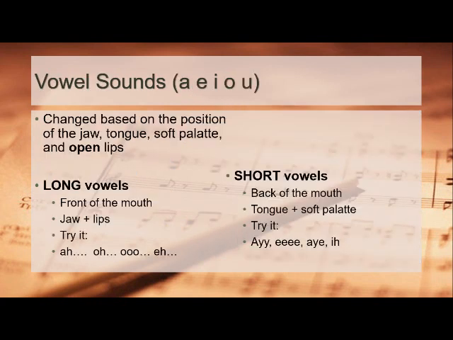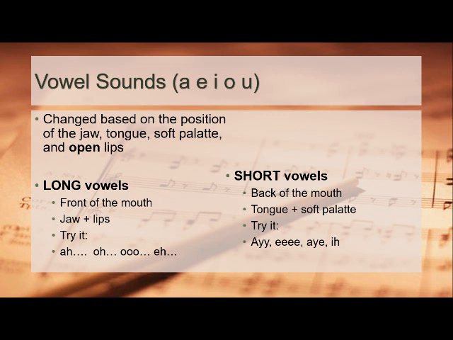So we can produce all kinds of sound as human beings. Vowel sounds are represented in the alphabet by the letters A, E, I, O, U, and sometimes the letter Y. These sounds change based on the position of the jaw, the tongue, and the soft palate while my lips are open, although my lip shape can impact the kind of sound.